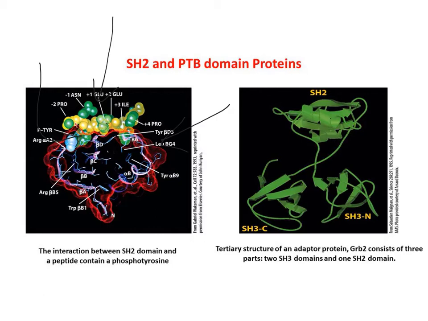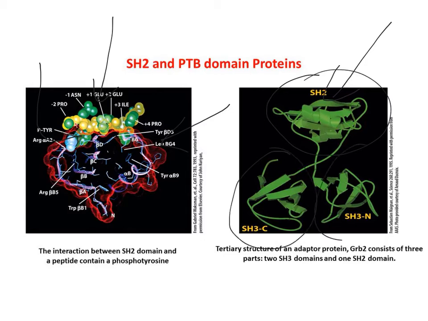Many proteins that have SH2 domains that are involved in binding to receptor tyrosine kinases also have what are called SH3 domains, which you can see here. This one happens to have one on the N terminus and also one on the C terminus. This happens to be GRB2. And GRB2, if you remember, is important for activating downstream RAS through SOS.